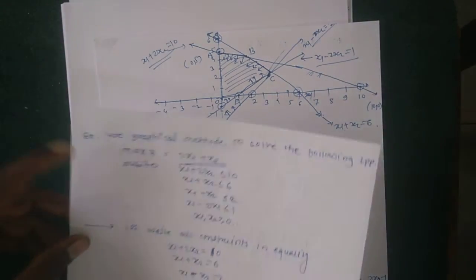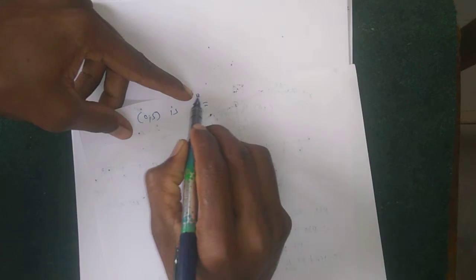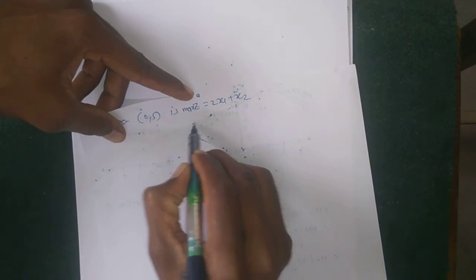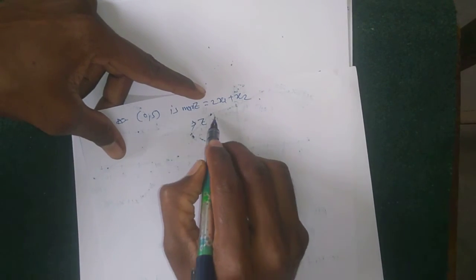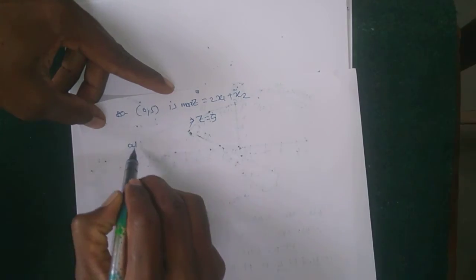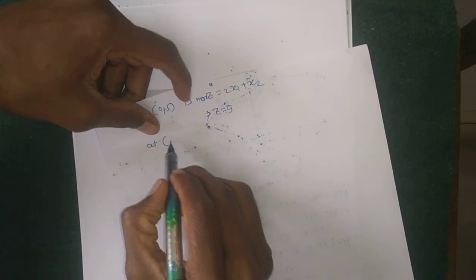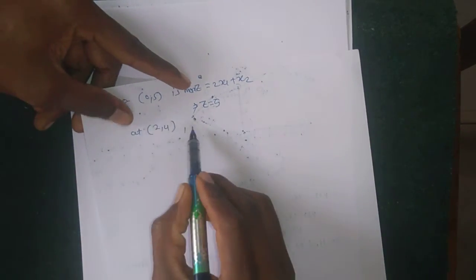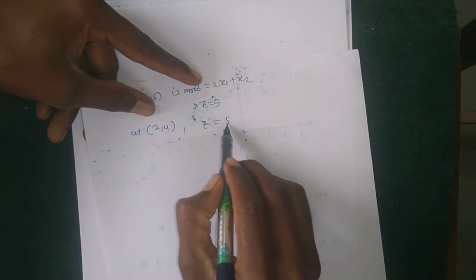Given that maximum z is equal to 2x1 plus x2, putting in the values, the value of z at (0, 5) is 5. At the next point (2, 4), the value of z is 4 plus 4, which is 8.